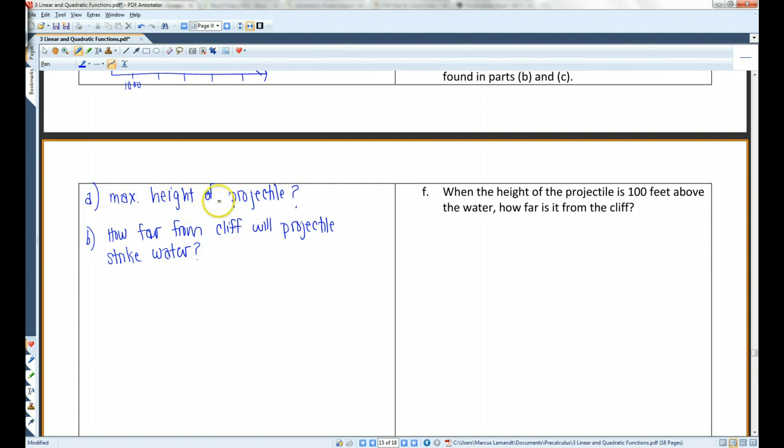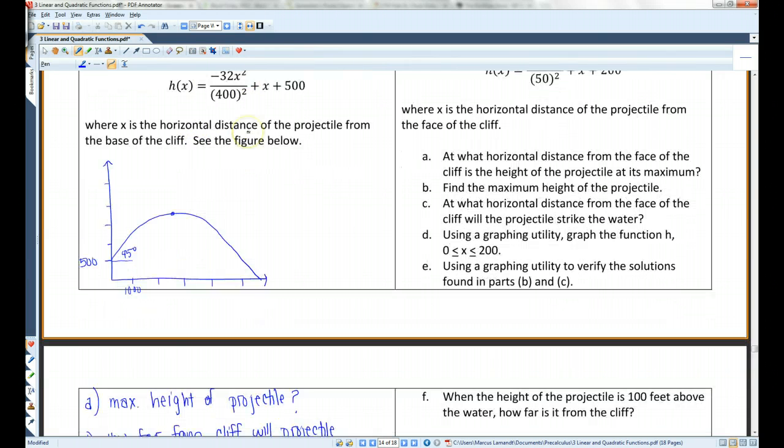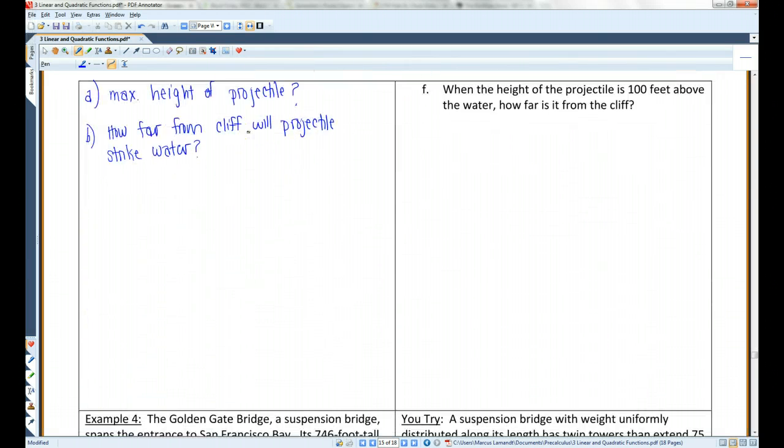Okay, so this one, here we're just looking for the maximum. We have the equation. I'll write it down here. We just need to find the maximum. So we've got x equals negative b over 2a. I'm going to use x instead of h. It's pretty much the same thing.